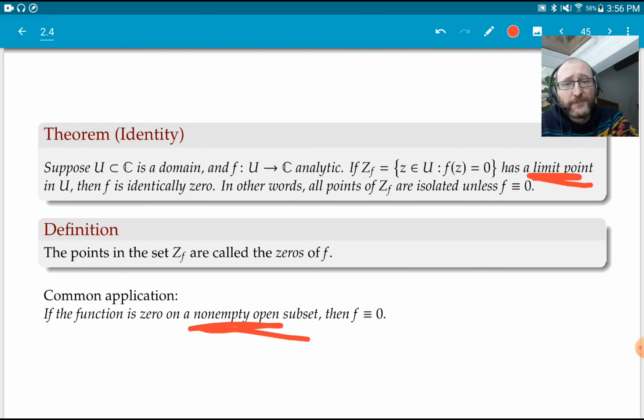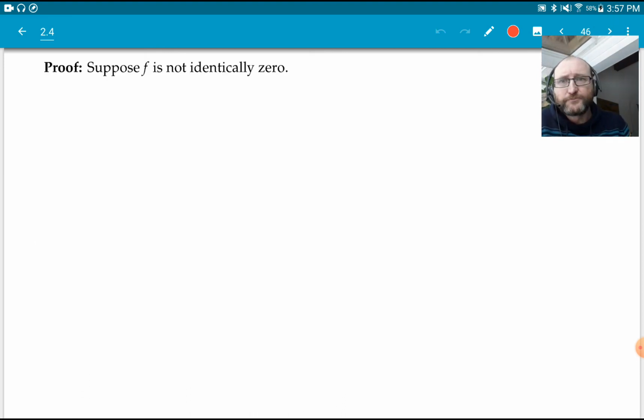It's very easy to prove from that: if you have two holomorphic functions and they're equal on some open set, or on some set that has a limit point, then they're actually the same function. You could instead of identically 0 use a g. That's not hard to show.